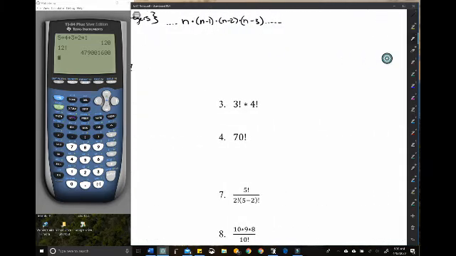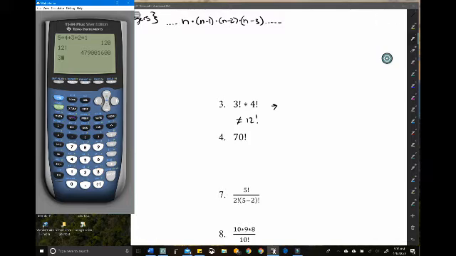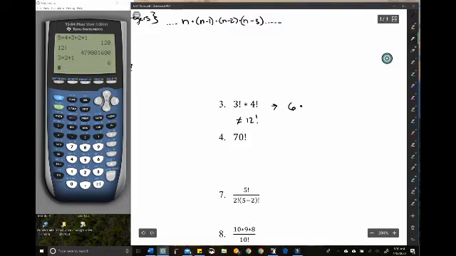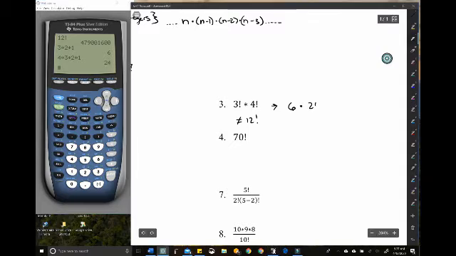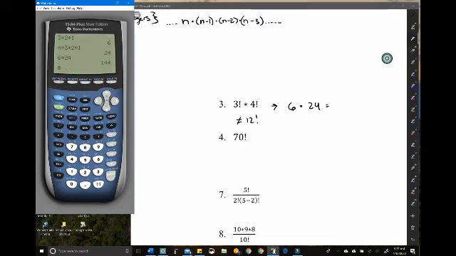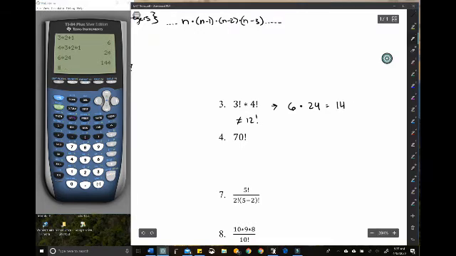Next, 3 factorial times 4 factorial. No, it's not just 12 factorial. We'll see that here. 3 factorial is 3 times 2 times 1, essentially 6, times 4 factorial, 4 times 3 times 2 times 1, which is 24. 6 times 24, and again you could have used the shortcut method, is 144.